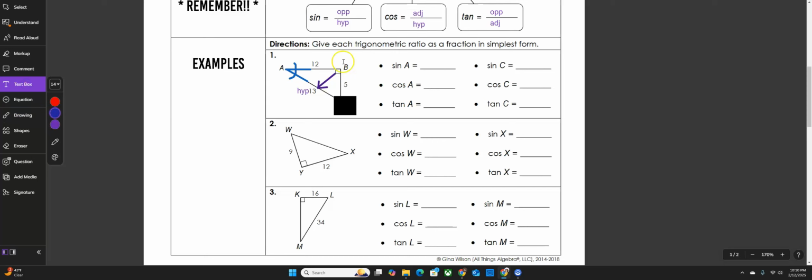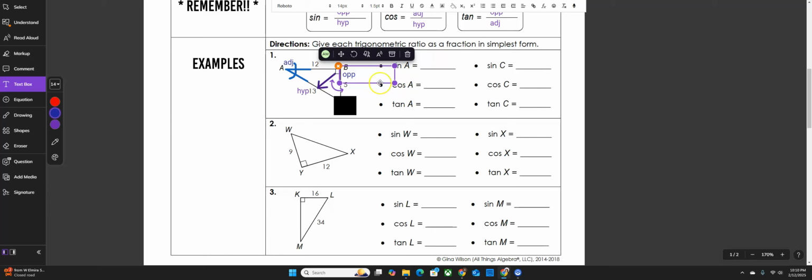Looking at angle A, we can see that this side that is 13 is our hypotenuse, which means the other side that touches angle A is our adjacent side. And our third side that does not touch angle A at all is our opposite side.